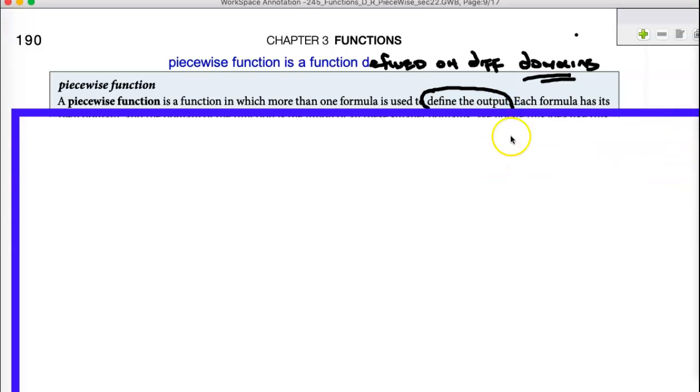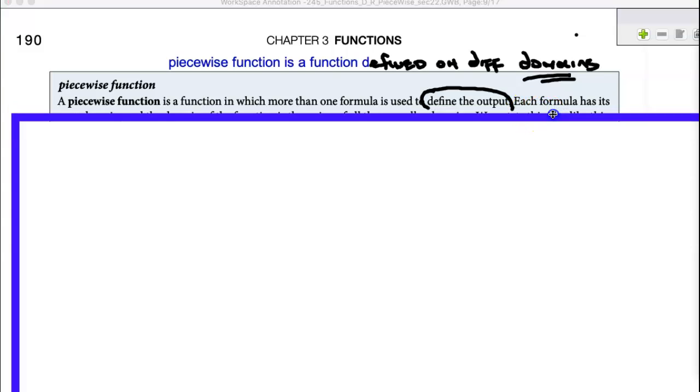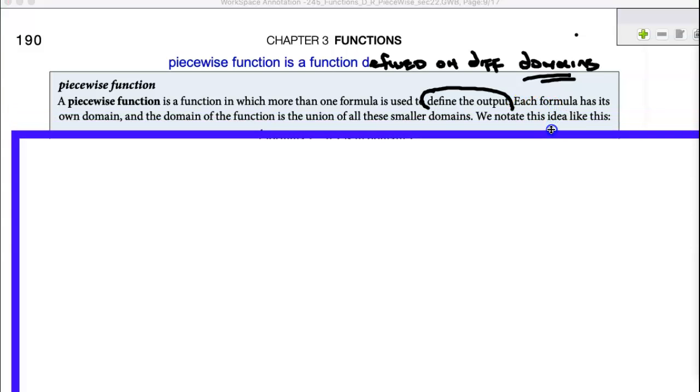And how do we define functions? We define them as formulas. And so what they're illustrating, each formula has its own domain, and the domain of the function is the union. So union means combining all of the smaller domains. That's a lot, right? And that's why we're breaking it up.